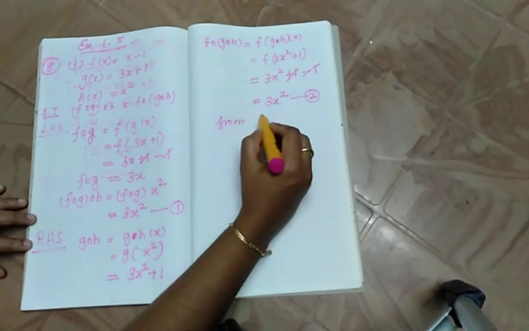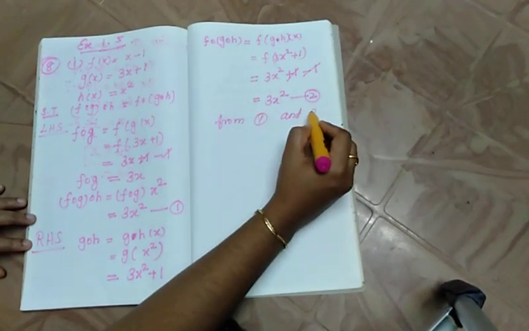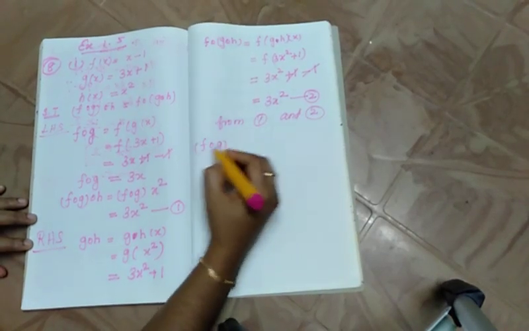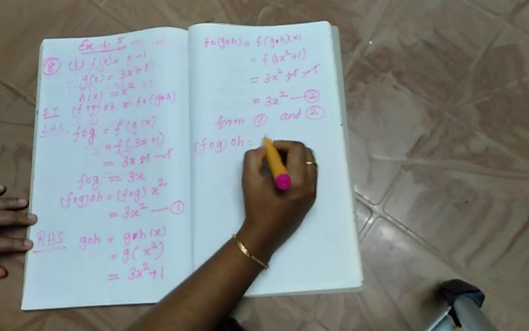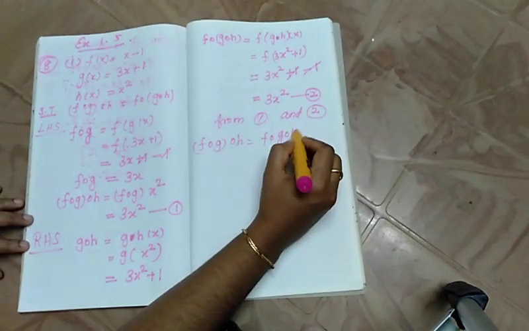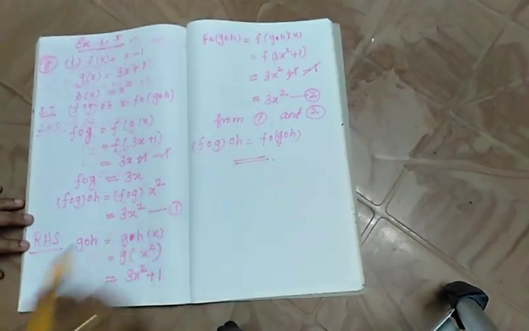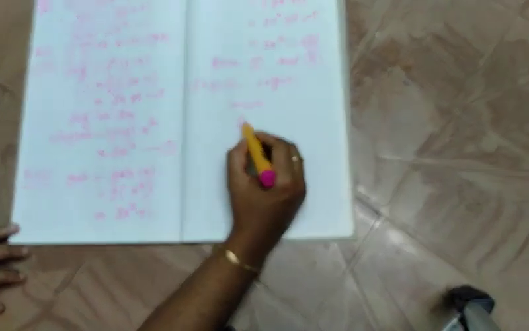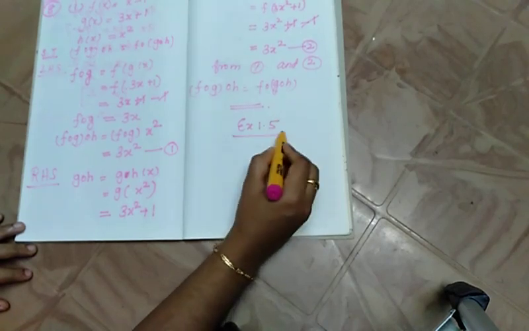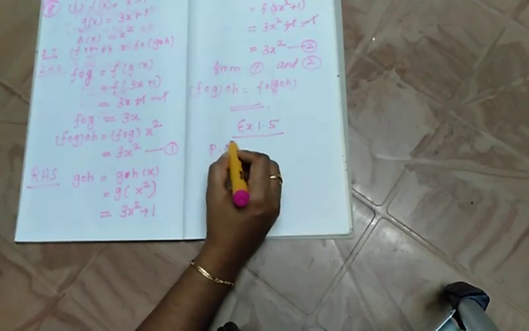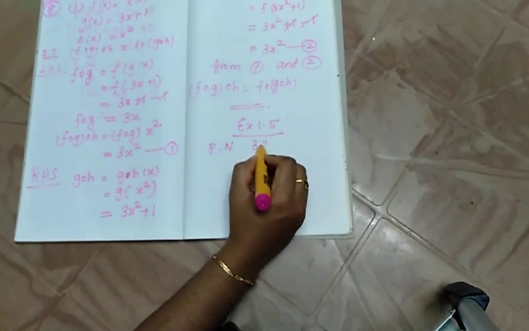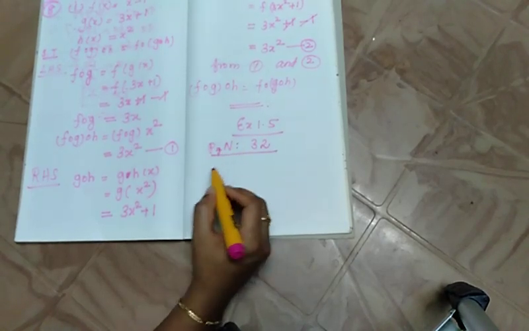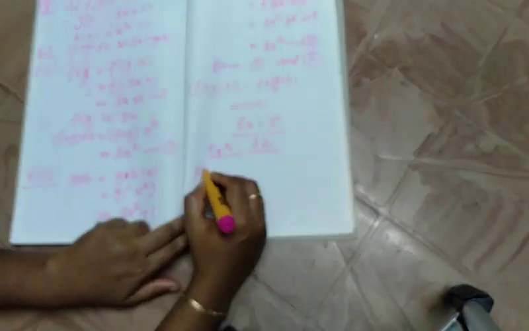So from 1 and 2, whether both are equal, f of g of h is equal to f of g of h, hence true.